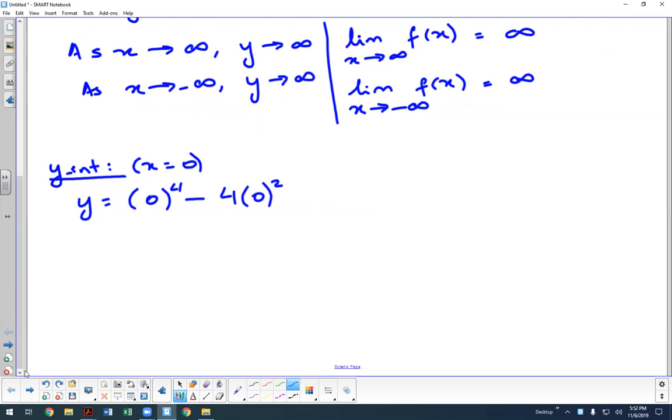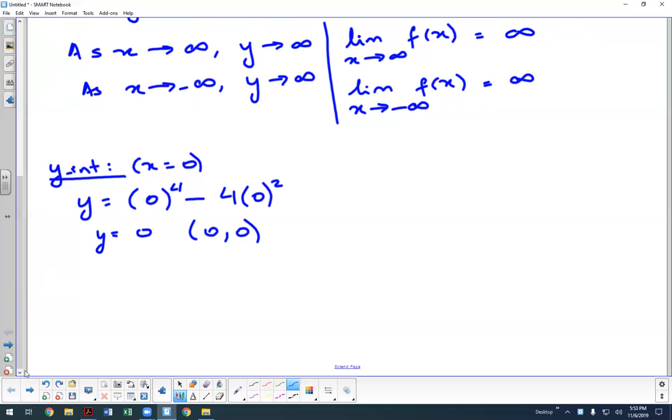So what do we end up getting as our y-intercept? 0. Yeah, because you're going to end up with 0 minus 0. So the y-intercept actually is the same point that our x-intercept was at, right? Whenever you have 0, 0 as an x-intercept, by default it becomes your y-intercept also. So that's the only place on the y-axis where our graph will be crossing.